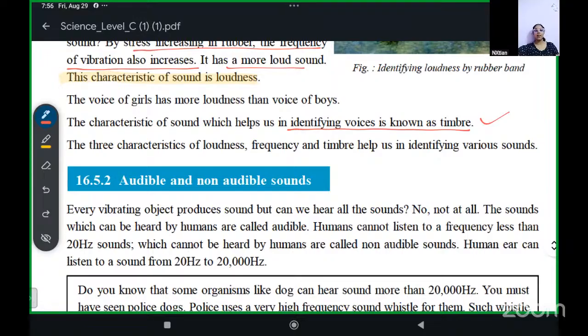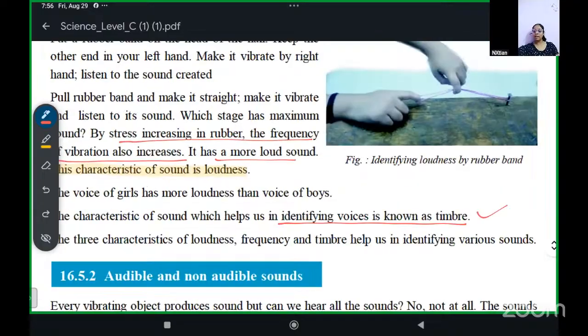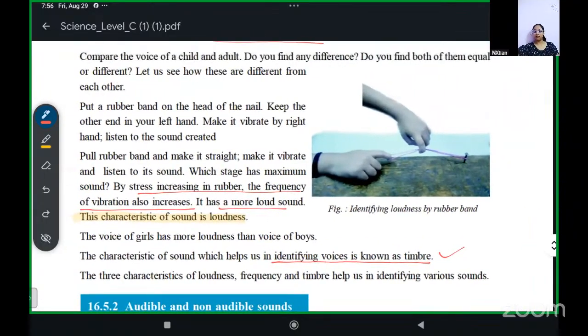Now, this is about loudness, or the frequency of vibration.